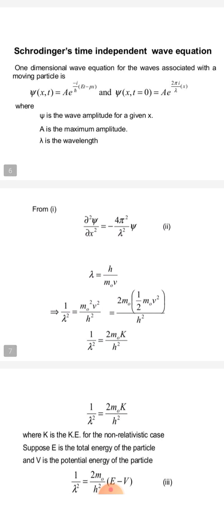Dou squared psi by dou x squared equals minus 4 pi squared divided by lambda squared psi. Equation 2.